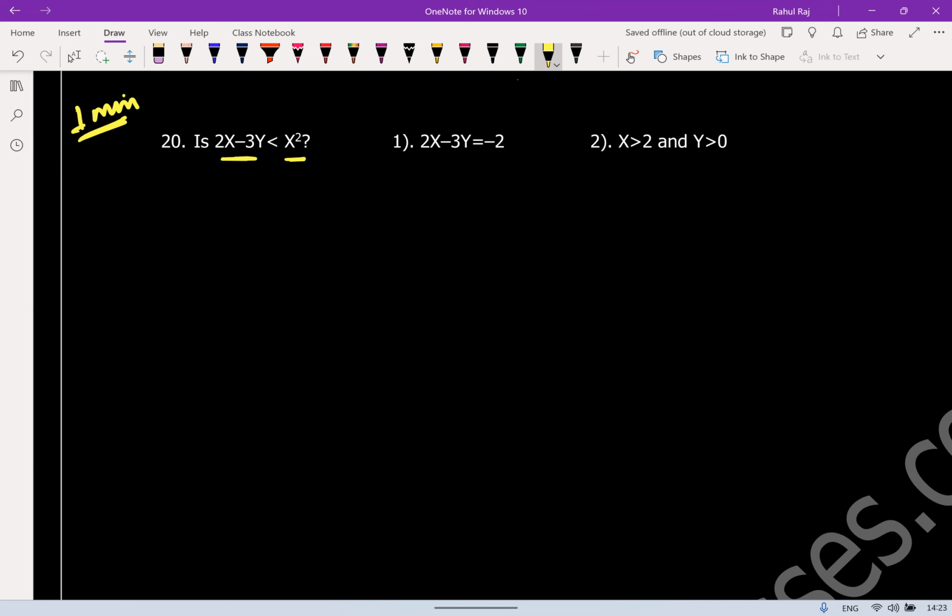Answers, please. Sarthak, your answer. Giri, Rahul. Each statement alone is sufficient, D. Okay, good. Anyone else? Sapna, answers please.